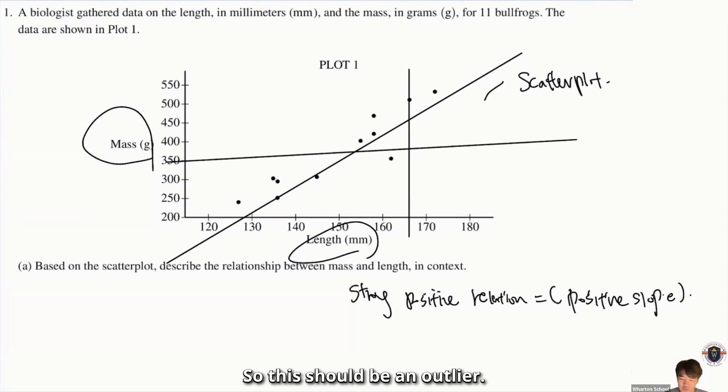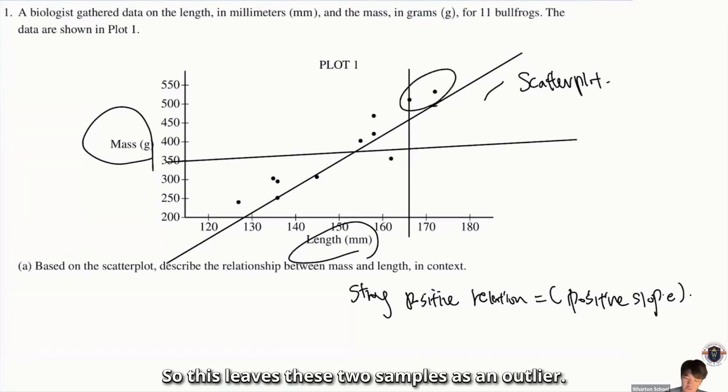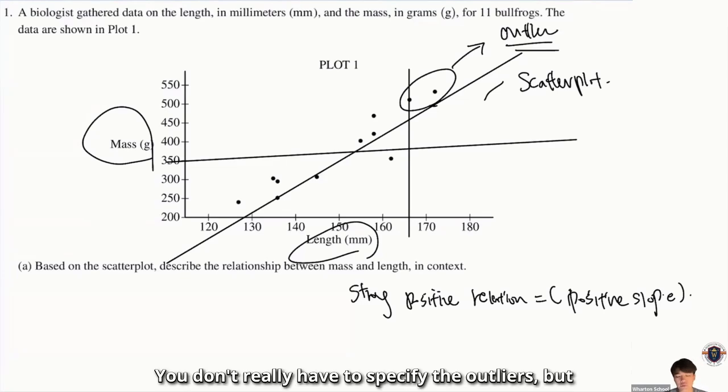So that should be an outlier. You don't really have to specify the outliers, but it's good to set a threshold like this.